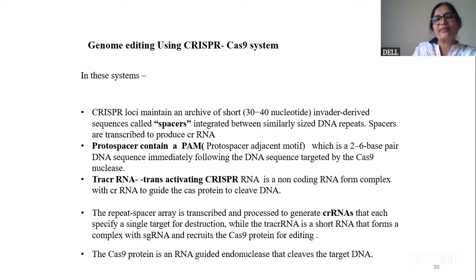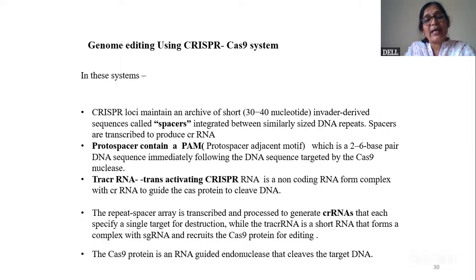And protospacers contain the PAM, so it is different from the spacer. PAM sequences are about 2 to 6 base pairs, which are just beside the protospacer. And tracrRNA is a trans-acting CRISPR RNA, which is a non-coding RNA, which forms a complex with the spacer-transcribed crRNA to guide the Cas protein to cleave the DNA.